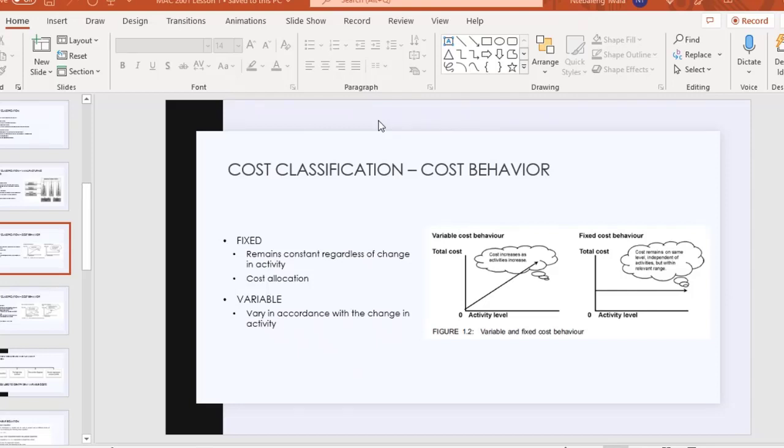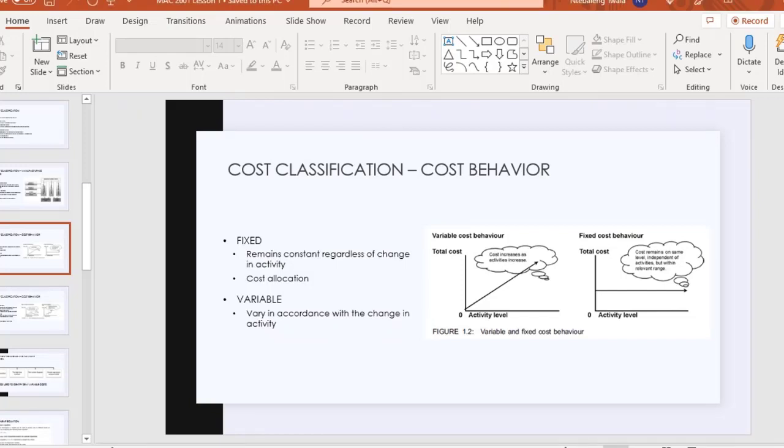So what would you say is a semi-variable or a semi-fixed cost? I'd say that they have both an element of fixed and variable costs. Yes, they have both elements of a fixed and a variable.